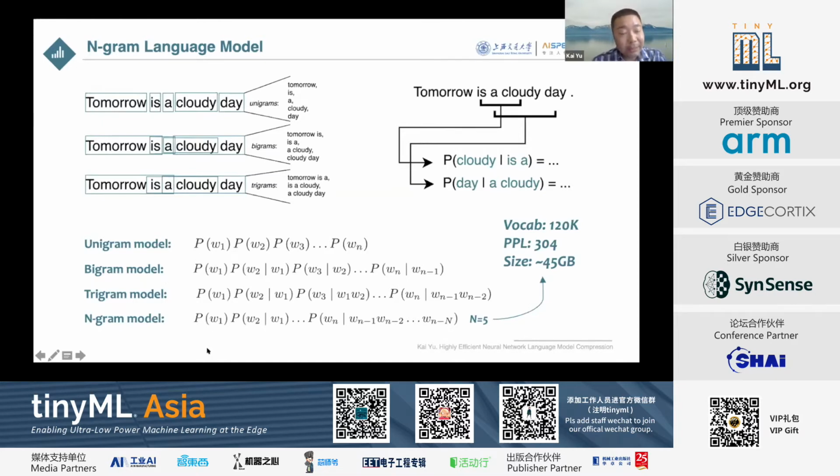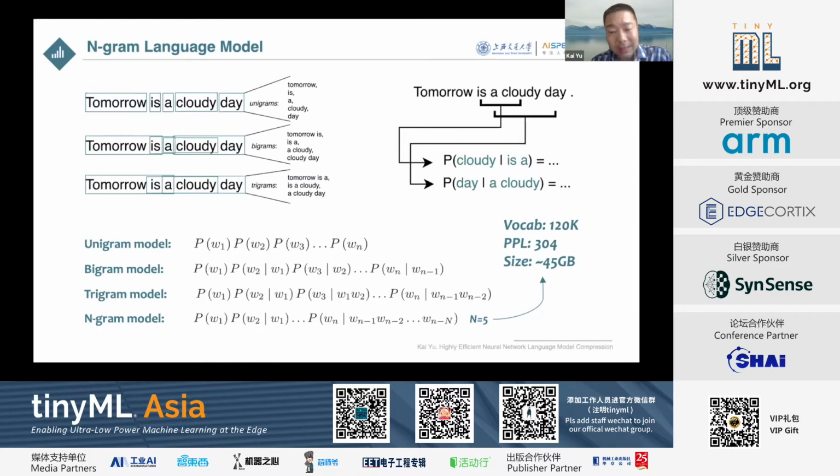Typically, in a very complicated speech recognition task, when we do speech recognition rescoring, we usually use 4, but we can use up to 5. If we use up to 5-gram language model, with a large vocabulary of 120K and a perplexity of around 300, the size of the whole language model is 45 gig.